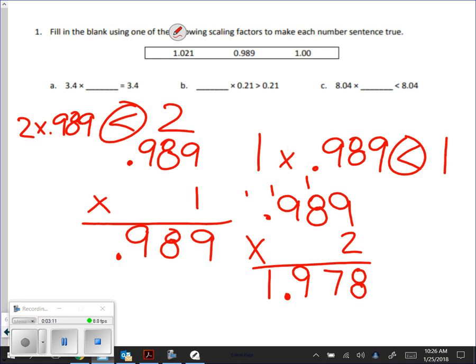So 989 thousandths, is that bigger than 1 or less than 1? It's less than 1. It's behind the decimal. It is not 1. If we put that on that place value chart that I gave you back in first quarter, it's behind the decimal. It's less than 1.